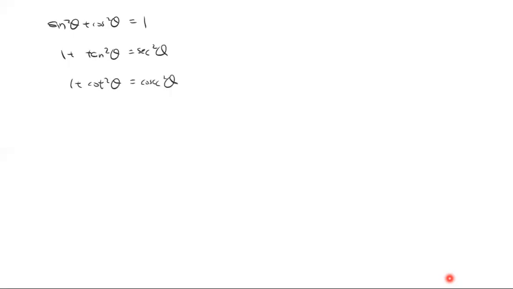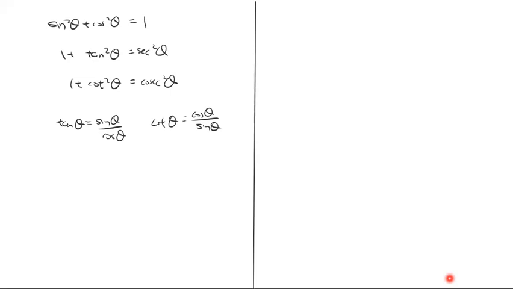You've got the fact that tan theta equals sine theta over cos theta, and that cot theta equals cos theta over sine theta. And all your related angles, which I'm not planning to go through right now because we want to prove the compound angle formulas. But this is just a quick revision of everything that you hopefully should be familiar with at this point.